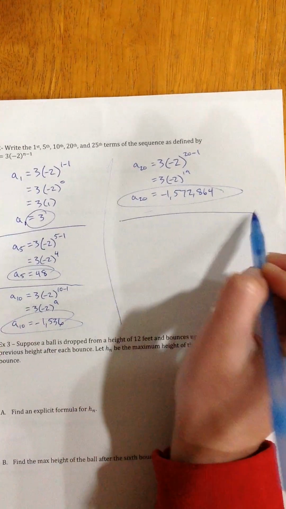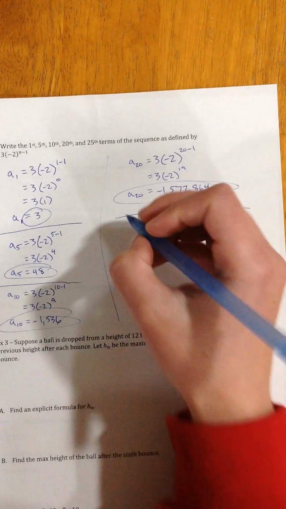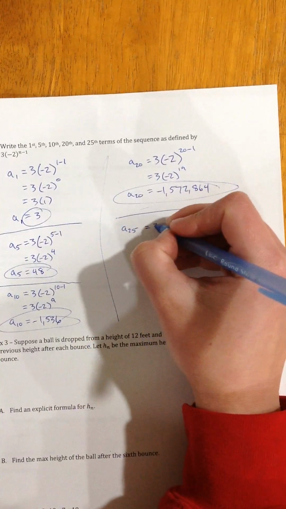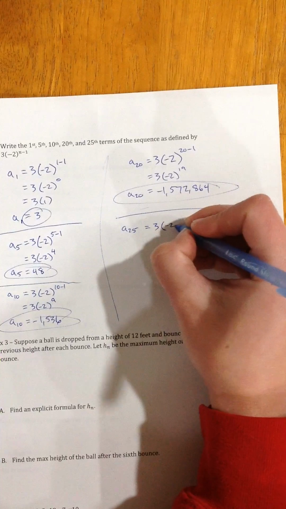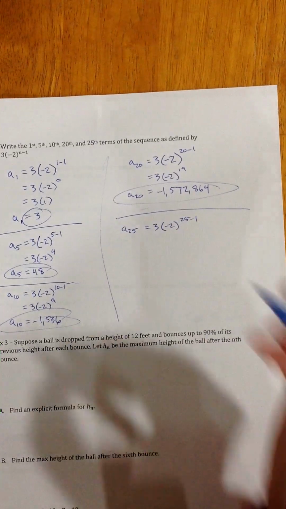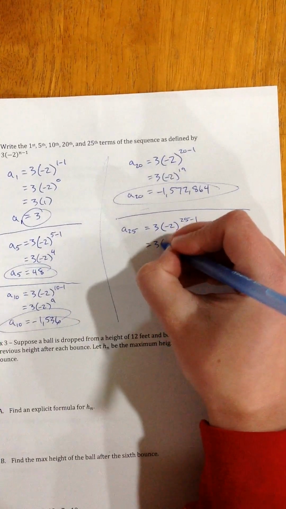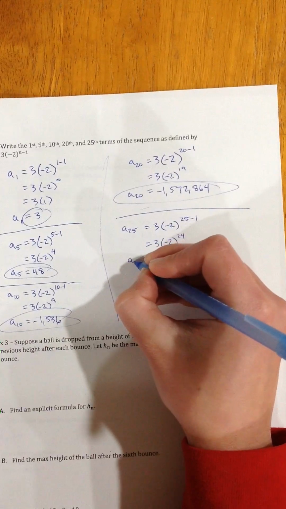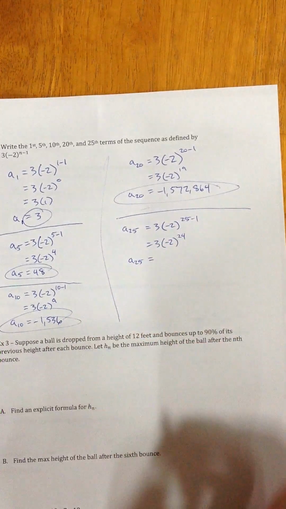And then the last one there, we got the 25th. So a sub 25 is equal to 3 parentheses negative 2 to the 25 minus 1. We know 25 minus 1 is 24. So 3 times negative 2 to the 24th. So a sub 25 for the 25th term.